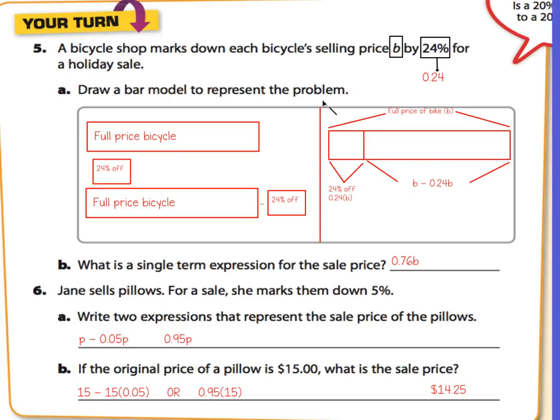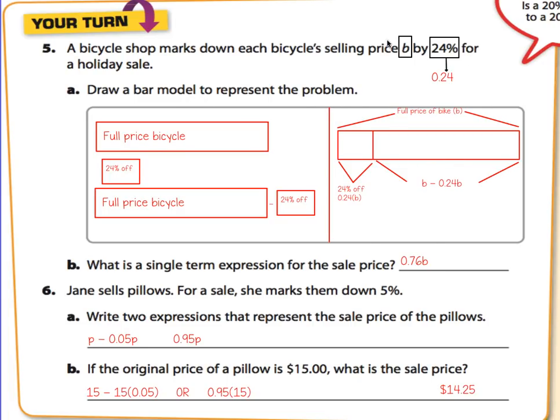Okay, so that bicycle shop is selling the bicycles for a price of B because all the bicycles have different prices. And they're marking those prices down by 24%. Again, those are retail prices, not their prices, okay, not what they bought them for. And so first, here's the representations of the problem.